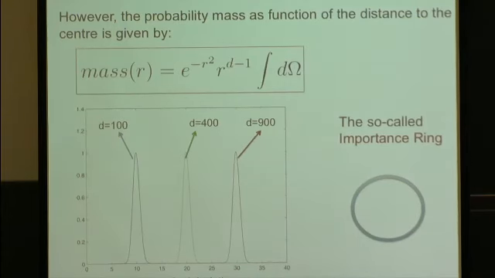All the probability is located at about 10 standard deviations away from the center. If we go to a 400 dimensional system, we go to 20, and for a 900 dimensional system, we are just moving away, getting a larger distance from the center. That's why people call this an importance ring around the center. So that's where the probability mass is.